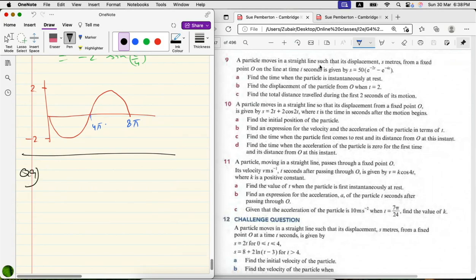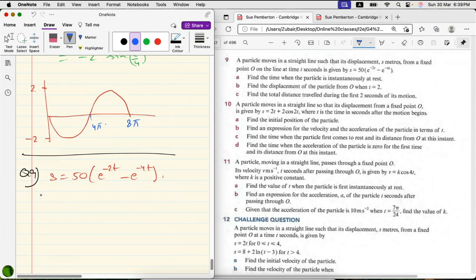A particle moves in a straight line such that its displacement from fixed point O on the line at time t seconds is given by 50 e raised to power minus 2t minus e raised to power minus 4t. Find the time when the particle is instantaneously at rest.